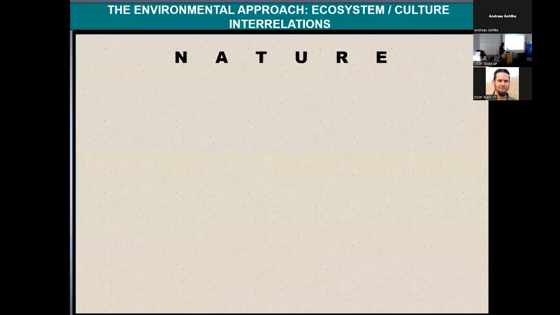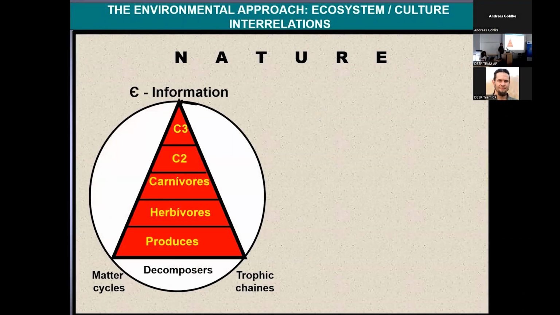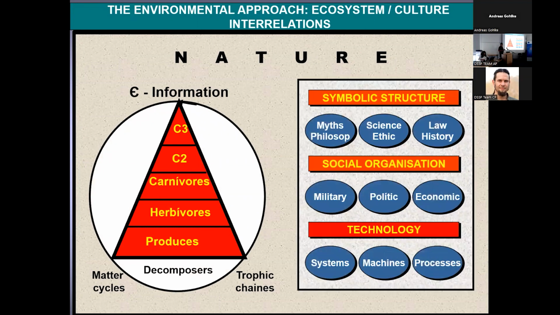It means that we are nature, but we are not ecosystem. But we interact every time with the ecosystem. We transform the ecosystem through culture, through our ways of living and thinking.